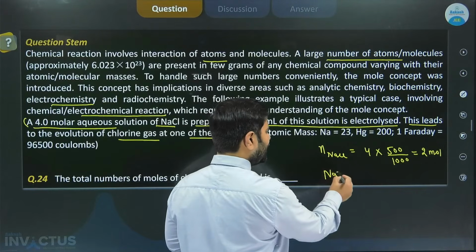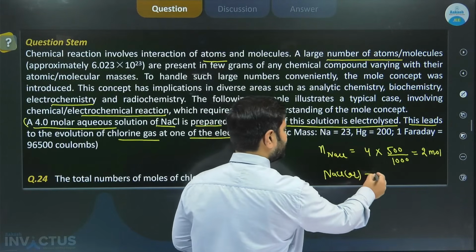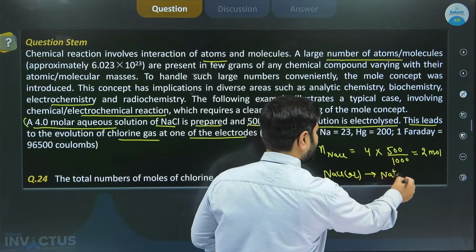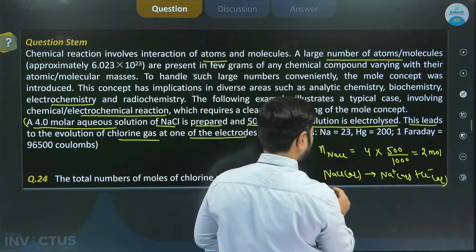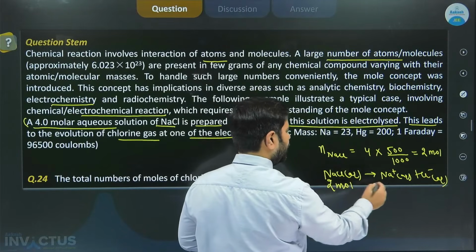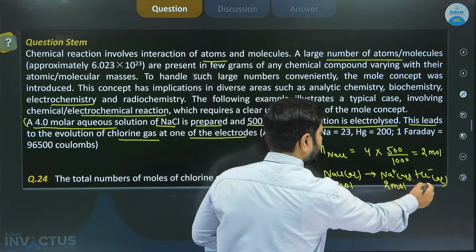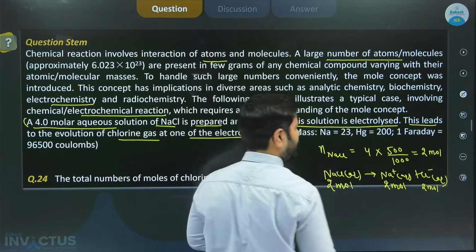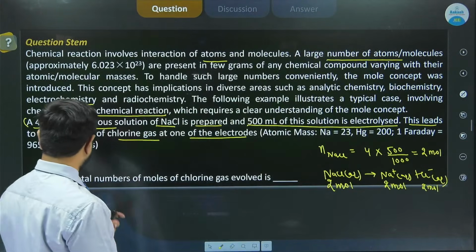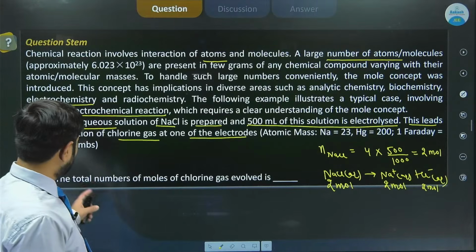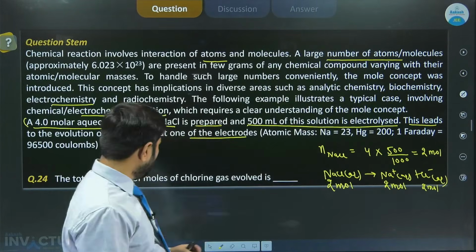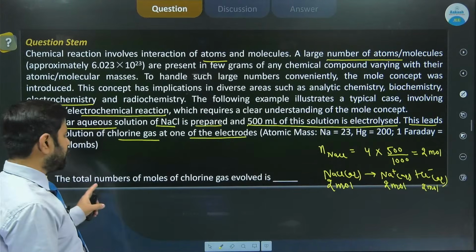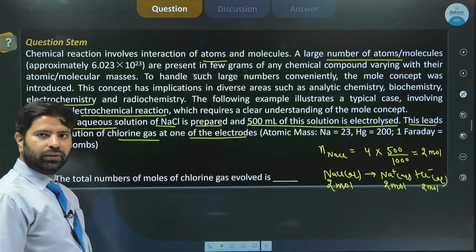Now aqueous NaCl electrolysis is done. So if it is 2 moles, it will provide 2 moles of Na+ and 2 moles of Cl-. Now what is the first question? From the given data we have written these things. Now the first question is the total number of moles of chlorine gas evolved.